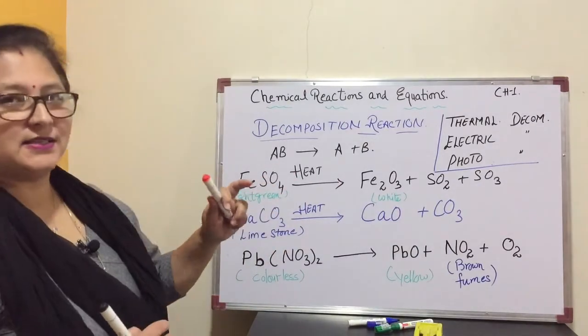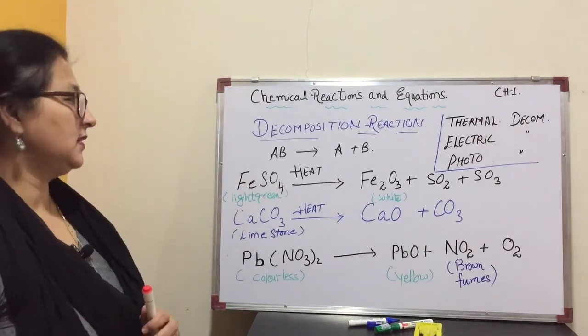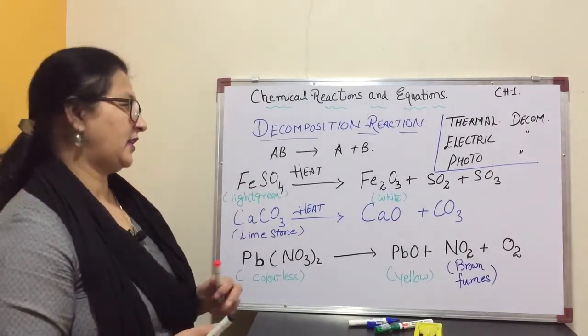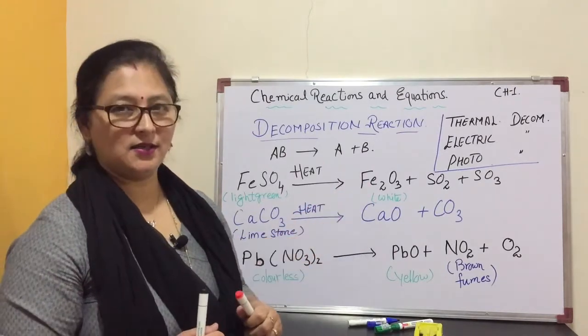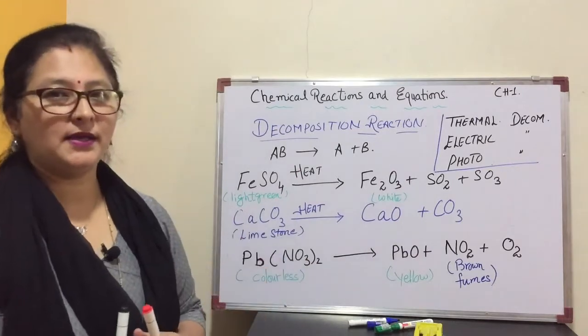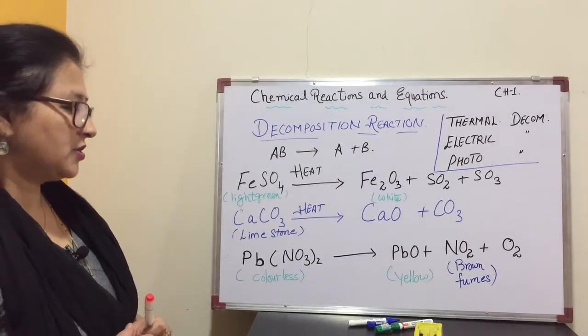When you heat this iron sulfate, which is light green in color, you will get ferric oxide, and two gases will be evolved, that is sulfur dioxide and sulfur trioxide.